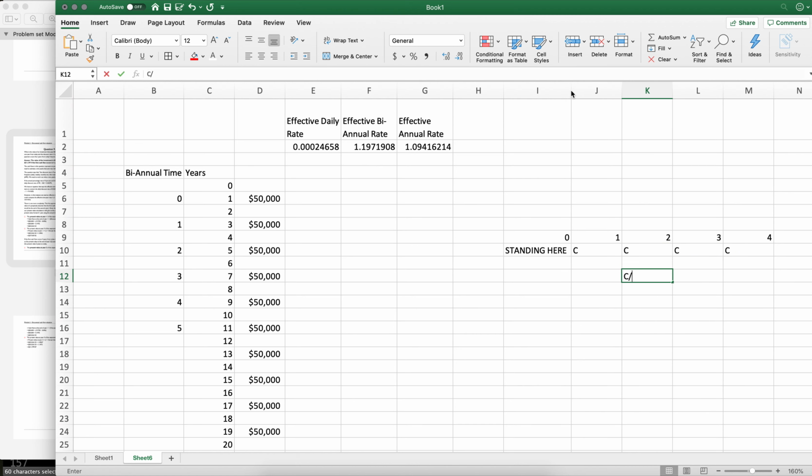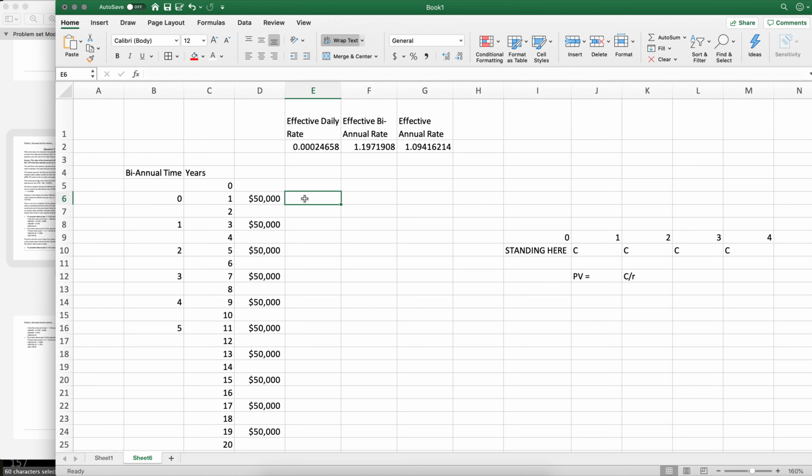And we can do C over R to get the present value. Okay, we can do the exact same thing here. If we are standing in this time period, the present value of all of these cash flows, except for the first one, because we're standing here in time 0, is going to give us the present value of this annuity.